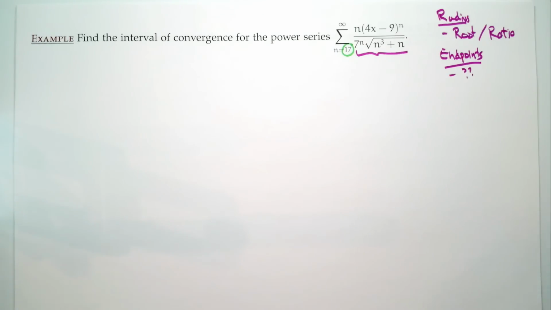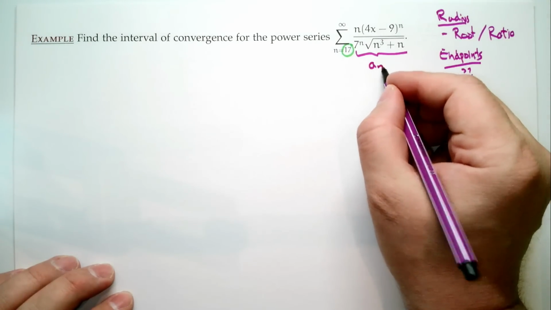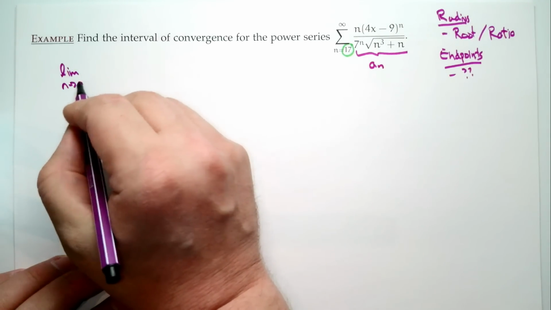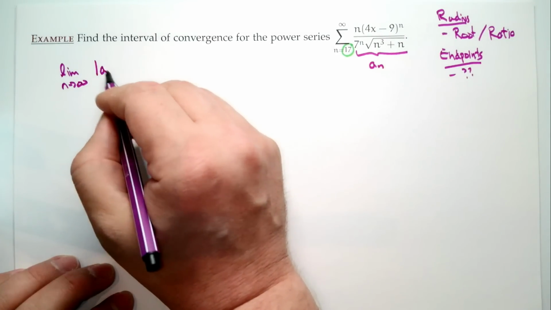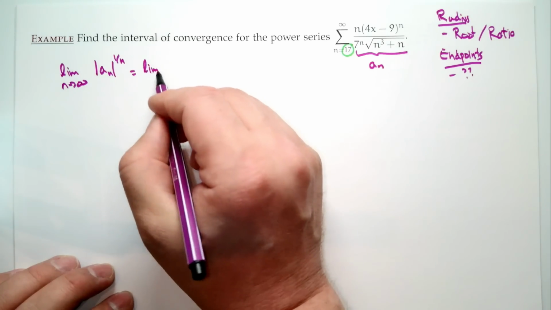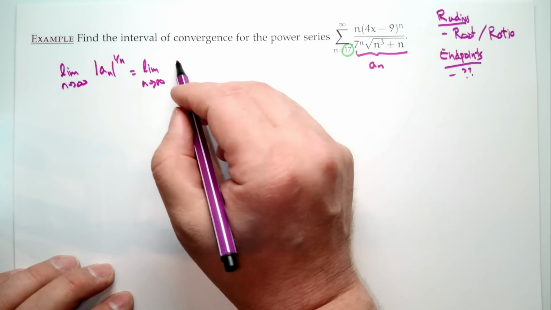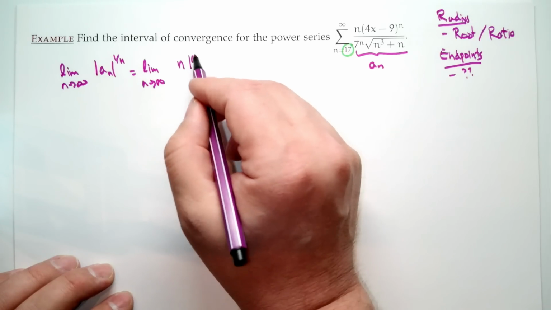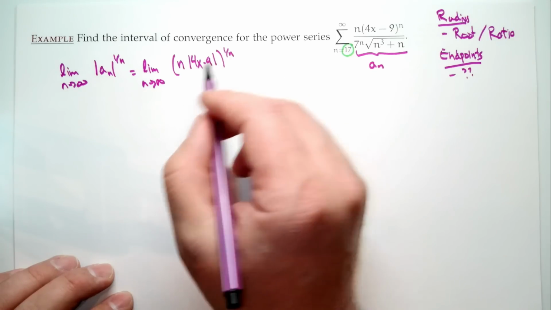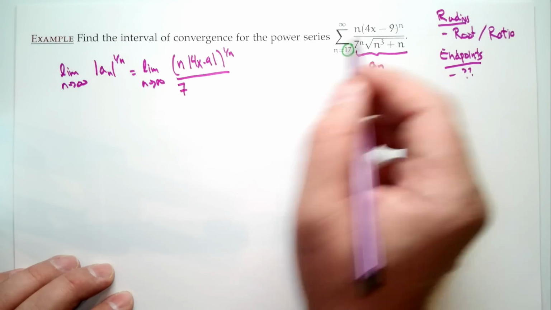All right, good. So let's figure this out. This is our a sub n. So we're going to take a look at the limit as n goes to infinity of the absolute value of a sub n to the 1 over n. Now, in this case, this is the limit as n goes to infinity of the absolute value of 4x minus 9 to the 1 over n, over 7 to the n to the 1 over n, which is just 7.